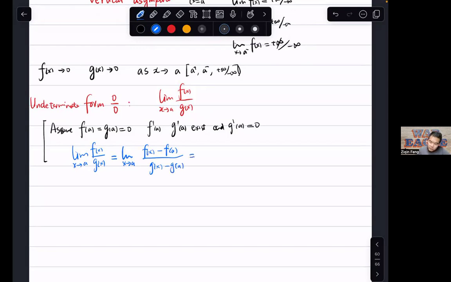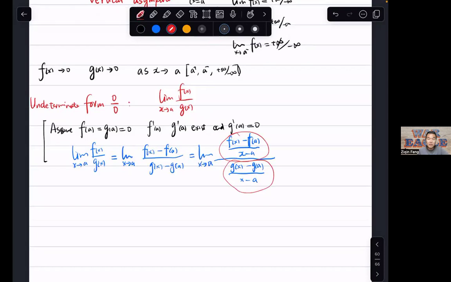Now try to make a common denominator, which is just to divide by x minus a, because as I always mention, we want to get the derivative involved. So we have g of x minus g of a over x minus a. Now you can see that because f prime of a, g prime of a exist, both numerator and denominator have a limit, right?